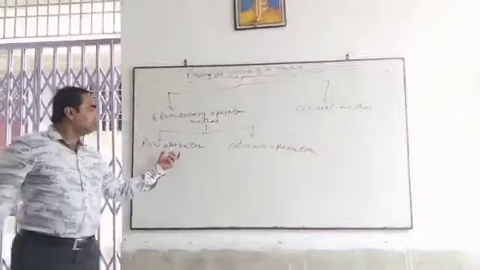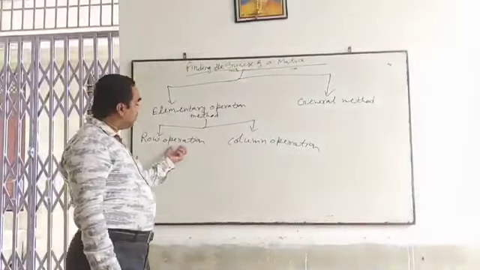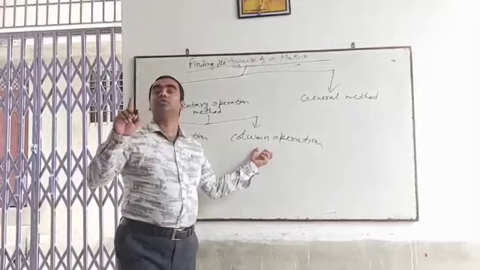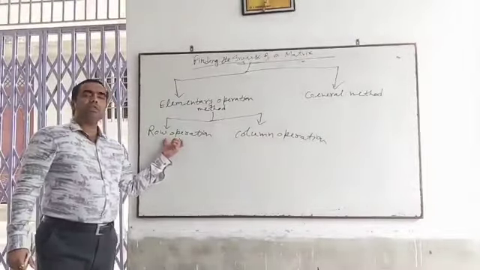Previously only row operation was in your course, but now row operation and column operation both are in your course. Now at first I am going to discuss the row operation.